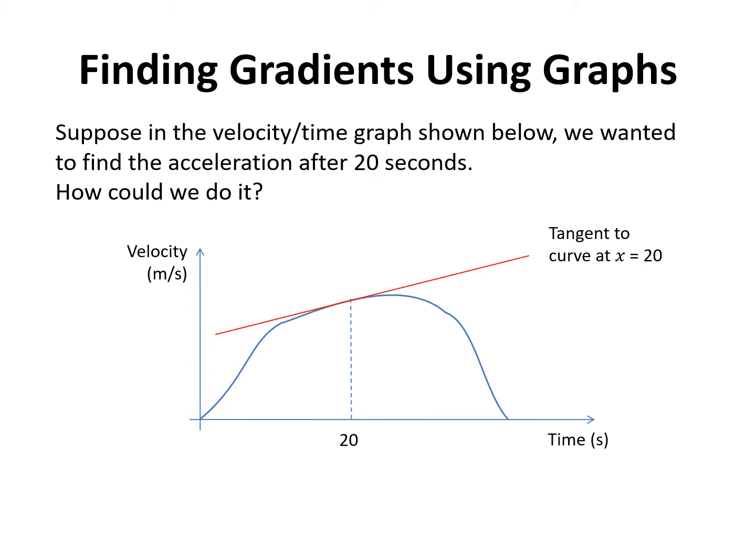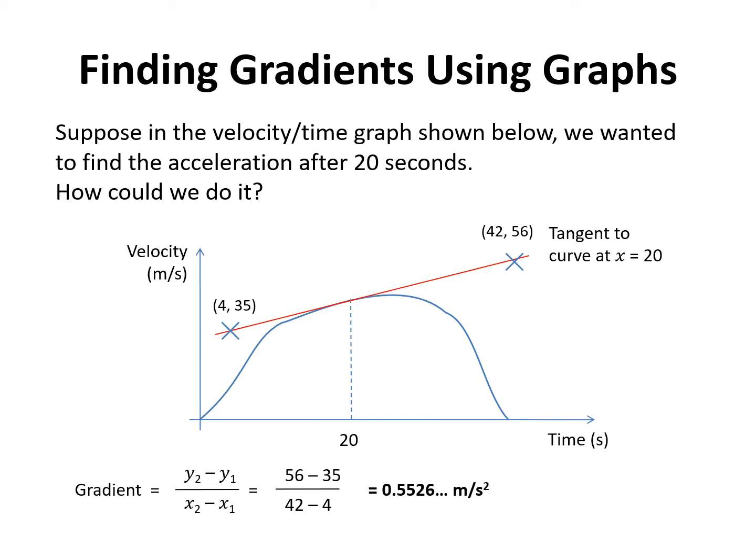And we want to find the acceleration at that moment in time, so we would need to find the gradient of that tangent. So we'd pick 2 points, and then we would find the gradient between those 2 points. And in this case, it comes to 0.5526 or 0.55, and that would be the acceleration of that particular graph at 20 seconds.